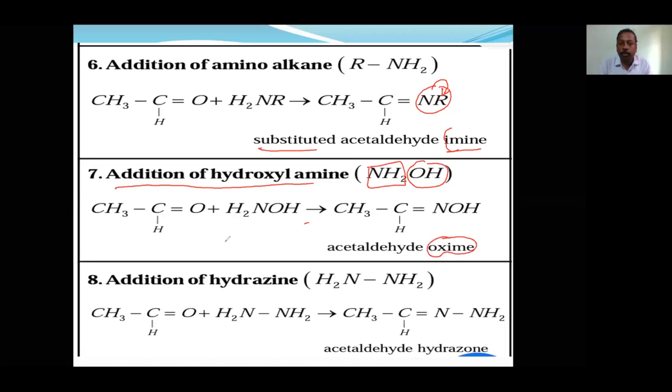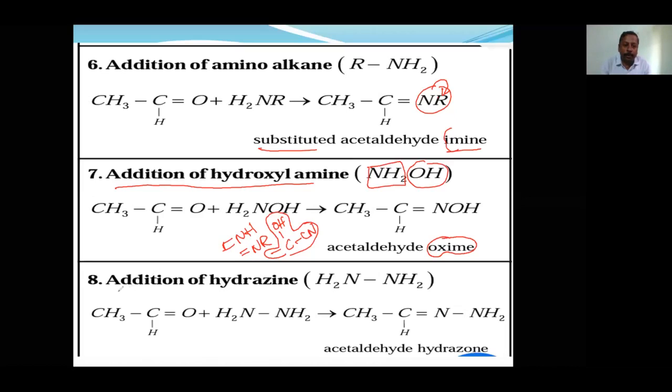All functional groups you should note down. Imine means double bond NH is there. If double bond NR is there, it is a substituted imine. Cyanohydrin: already I told you, cyanohydrin means OH must be there and CN must be there. Then it is called a cyanohydrin.